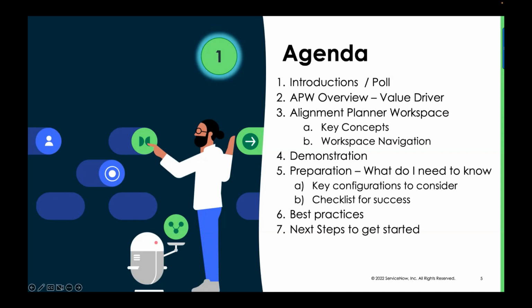We'll cover what preparations are required for you to get started fast. My intention here is to show how you can get moving with APW quickly. Then we'll share some best practices and next steps, with information on how to get started and some guides. And there is a number 8 in here: something we'll show you at the end that doesn't show up exactly on the agenda.